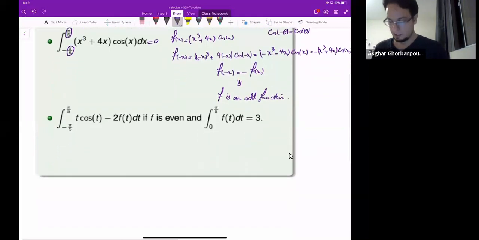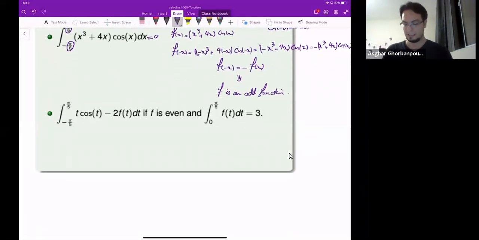For the third part, we are integrating t cosine t minus 2f of t dt, knowing that f is an even function, and we have the integral of the function from 0 to pi over 4. So to start with, I will separate the integrals.